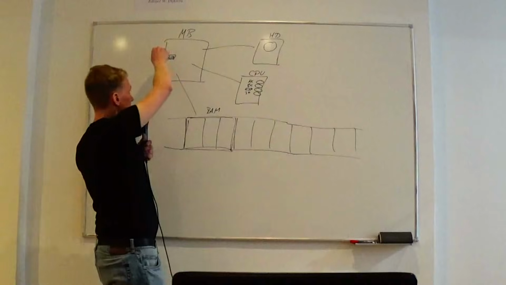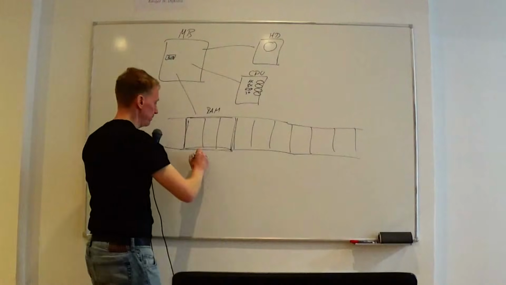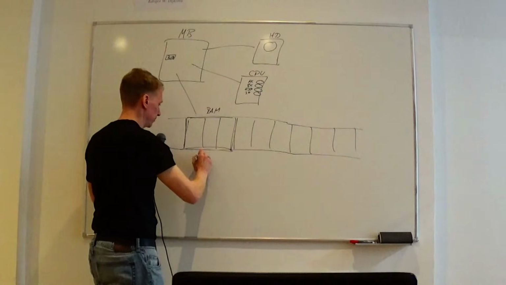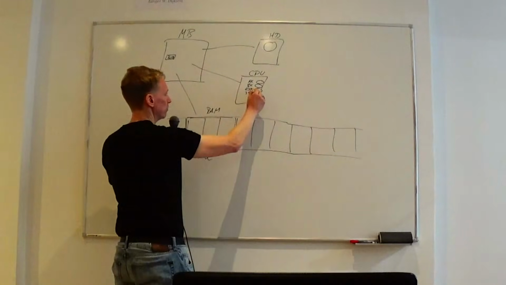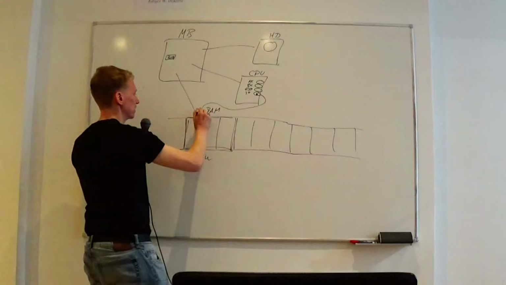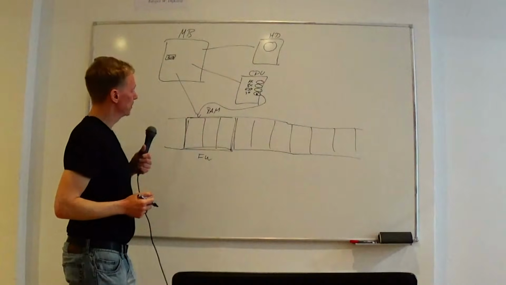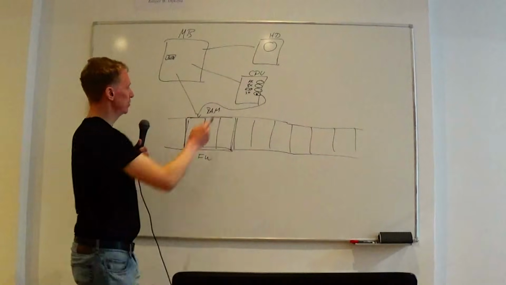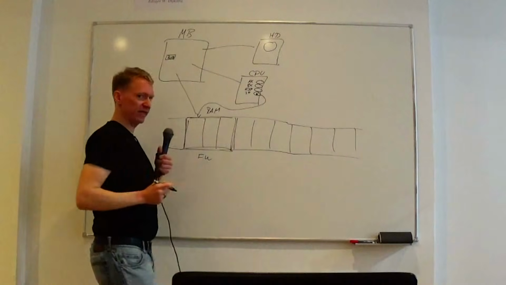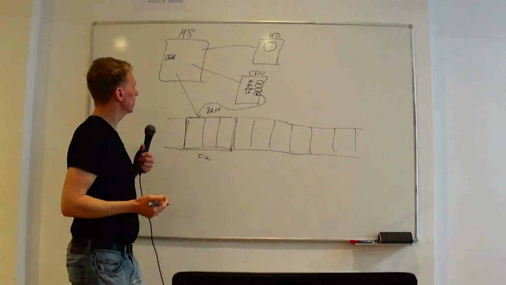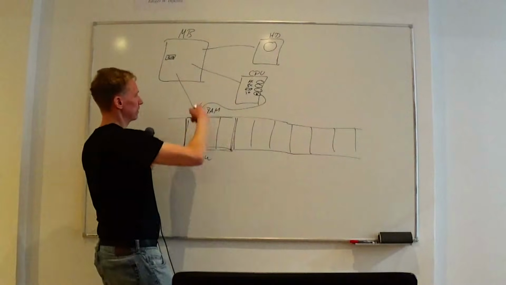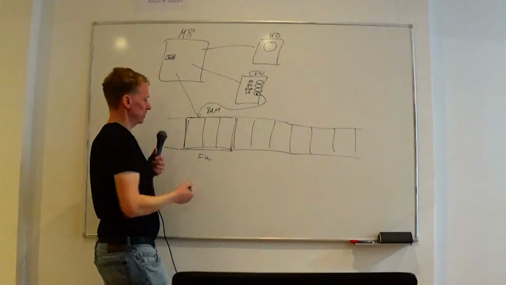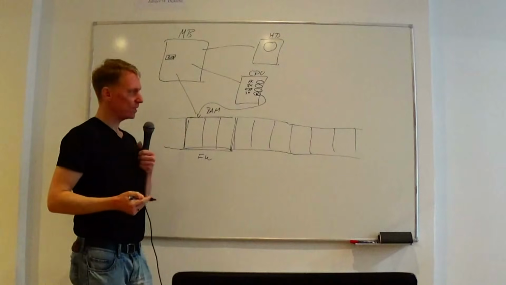So it copies the firmware from the BIOS to the RAM. Now you have the firmware here. Then it tells the processor, please put your instruction pointer into this position. This means that the CPU will read the instruction that is there and execute it. So basically the CPU will now execute the firmware.